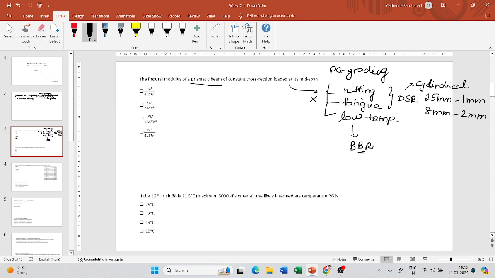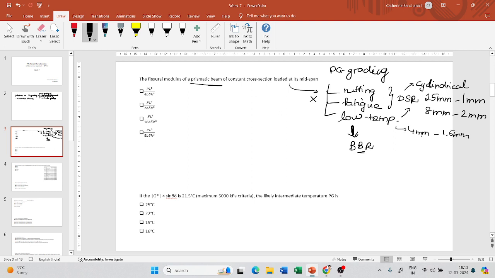Now efforts have been made to determine the low temperature grade of bitumen by using a dynamic shear rheometer also, by using a sample with a certain diameter and a height of 1.5 or 3 mm or something like that.